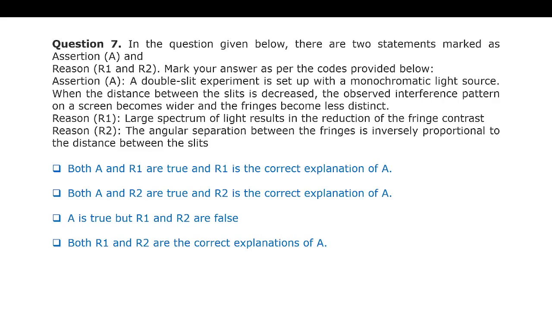When the distance between the slits is decreased, the observed interference pattern on a screen becomes wider and the fringes become less distinct. Reason R1: large spectrum of light results in the reduction of the fringes contrast. Reason R2: the angular separation between the fringes is inversely proportional to the distance between the slits. Could you please answer it?